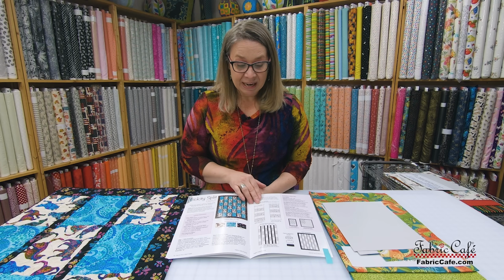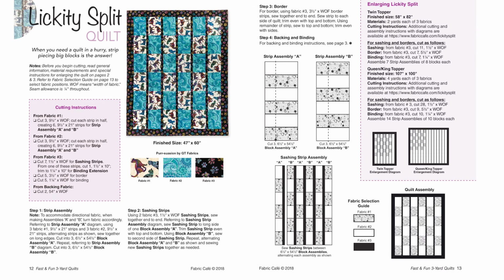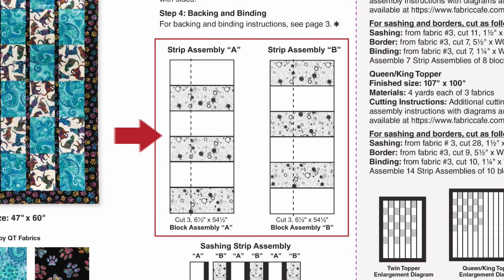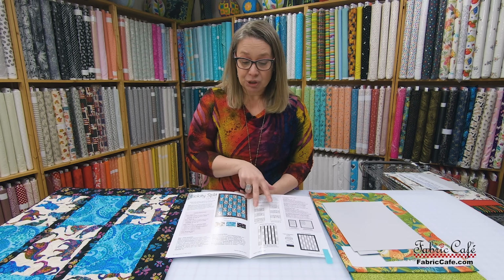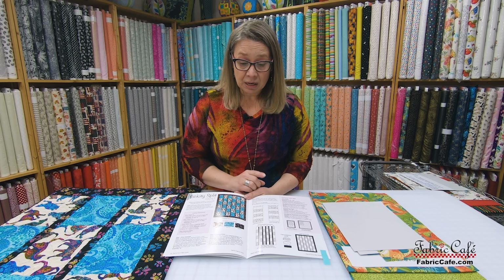Now this particular quilt is really great because we have actually written for fabric 1 and 2 to be directional, because we're doing strip assemblies here, but we do a second strip assembly so you don't have to turn these rows. So this is an exception, and I'm sure if you read through the pattern you would see how that works. But we are talking about this sashing, so let's talk about this.